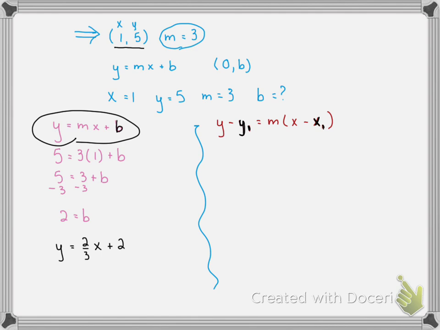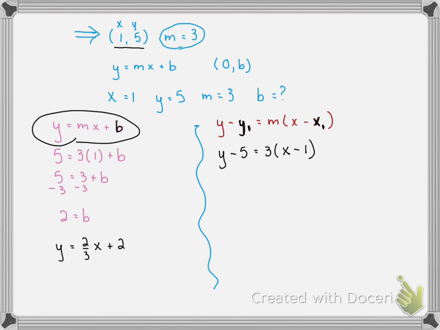And then, of course, your m is given. So if we use the point slope form, we have y minus the y coordinate from the point, and then the slope is given as 3, and then the x coordinate from the point.